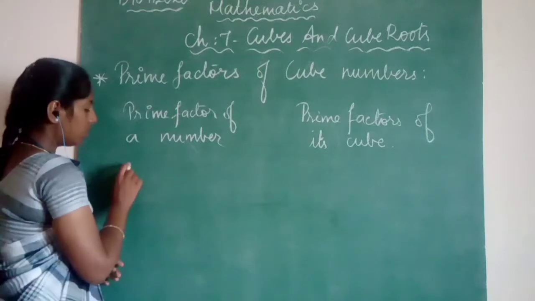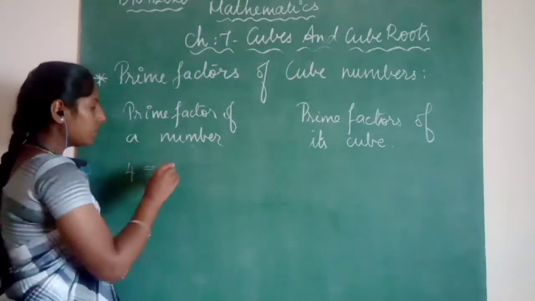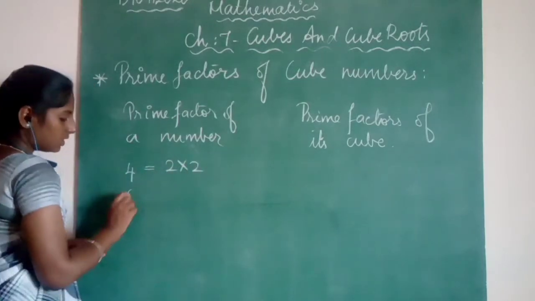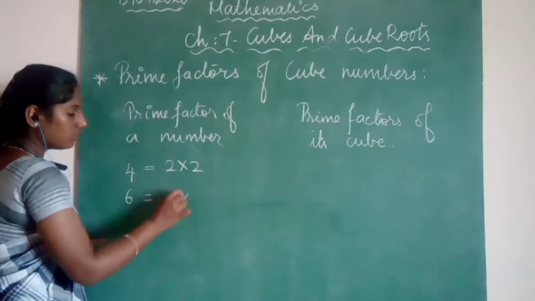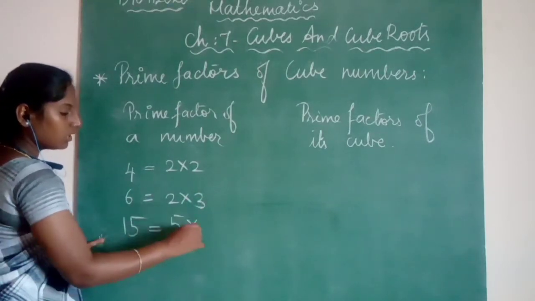If you take a number 4, how can you factor? 4 is not prime, right? But you can write 4 as 2 into 2. If you take 6, then you can write this as 2 into 3. If you take 15, then you can write this as 5 into 3.